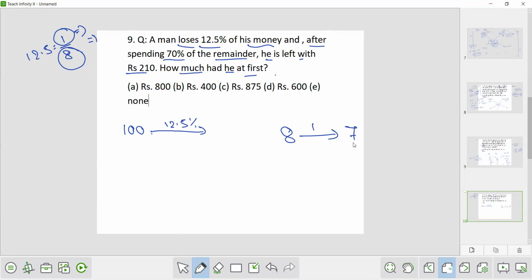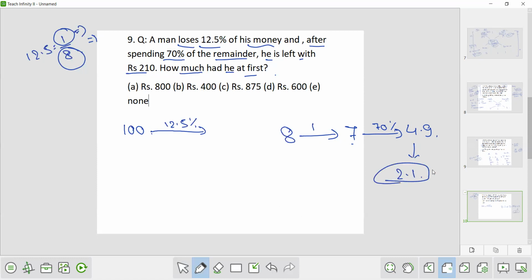Now out of this remainder 7, 70% is spent again. So 70% of 7 is how much? 4.9. So 4.9 is spent. So how much is remaining? 2.1.